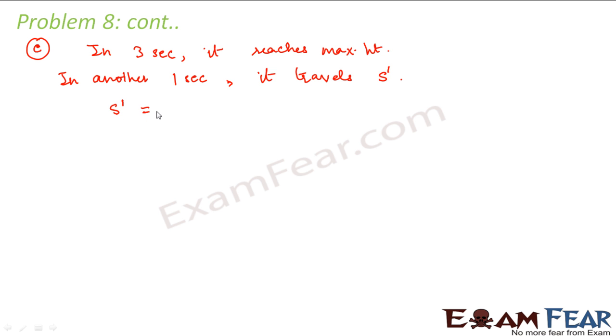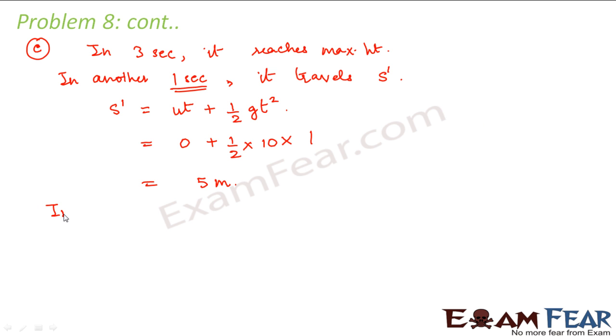So what will be that s dash? We can calculate it. s dash is equal to ut plus half gt square. Now in this case, initial velocity would be the velocity at the top of the tower, which was 0, plus half into g, 10 meter per second square, t is 1 second because we are calculating it for 1 second. So this will be equal to 5 meters. So that means in 1 second it traveled 5 meters.